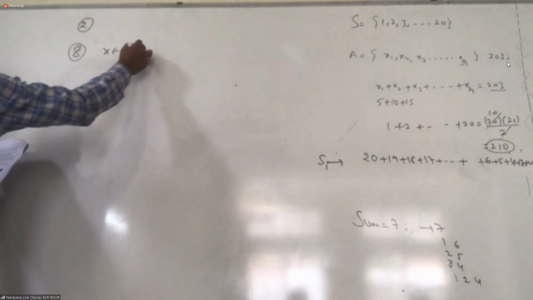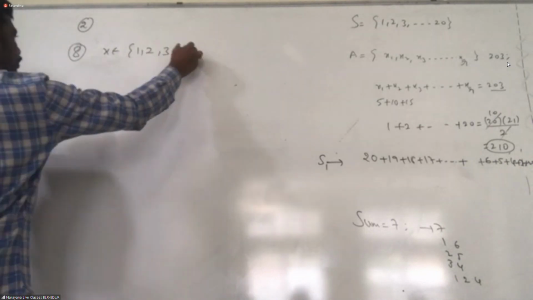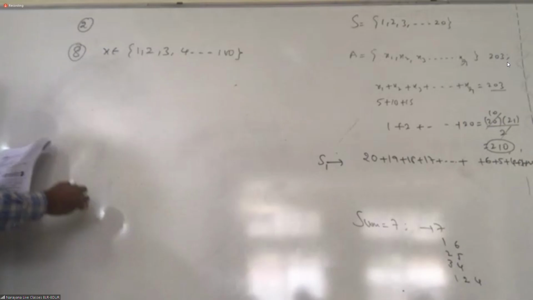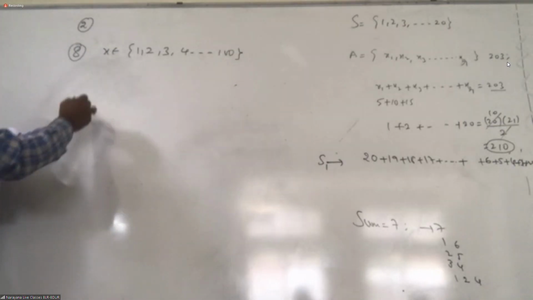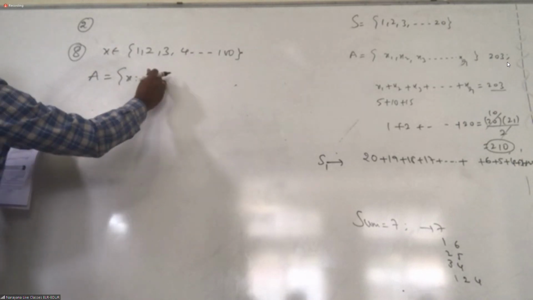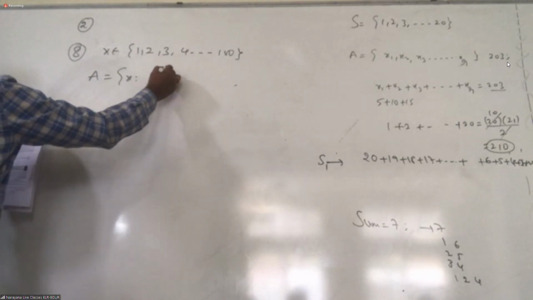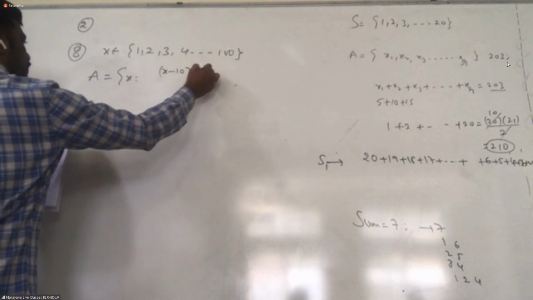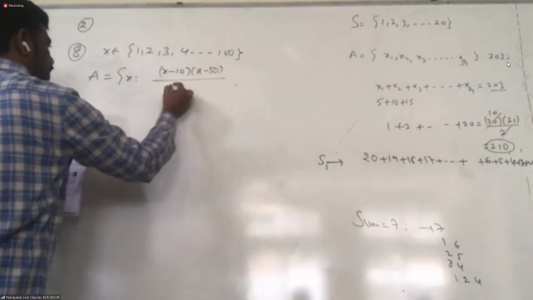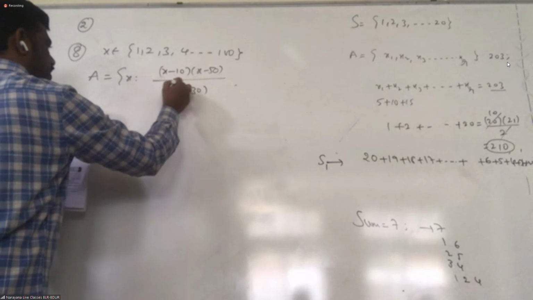X is from 1, 2, 3, 4 up to 100. Now A is an event that X satisfies this relation: X minus 10 into X minus 50 into X minus 30 is greater than or equal to 0.